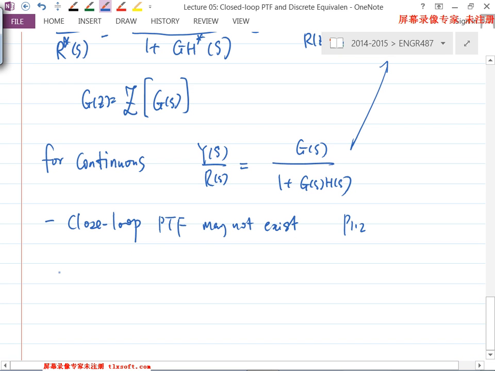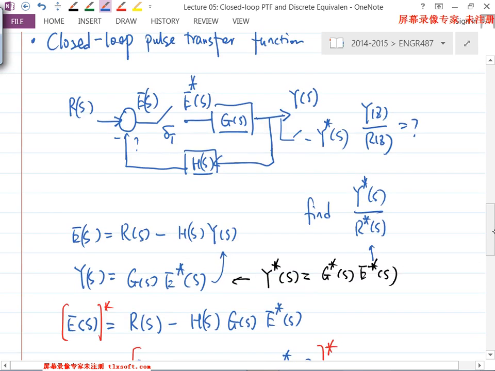But the rule of thumb to see whether it exists or not is very simple: if there is no impulse sampler outside of this subtraction junction, if there's no such thing right after this subtraction junction, then chances are you don't have this closed loop pulse transfer function.